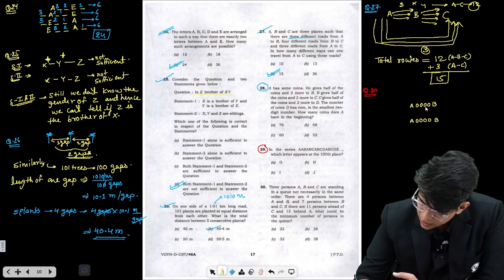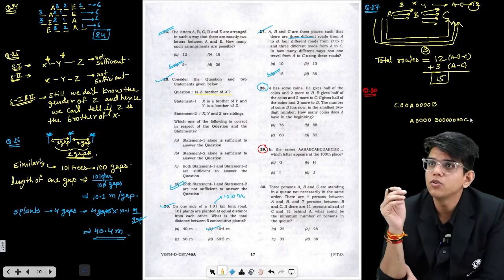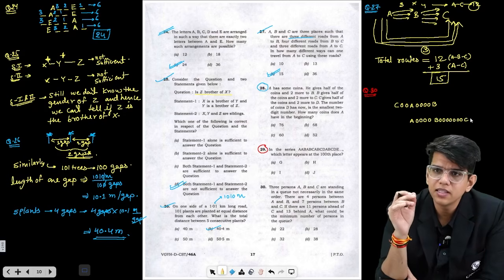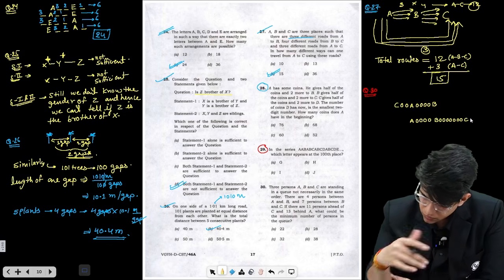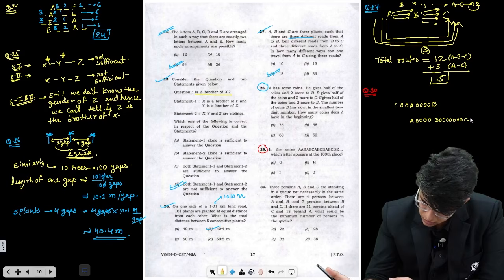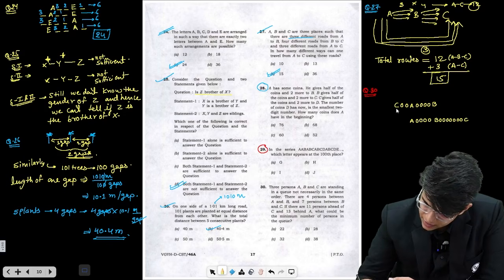It can be on this side 1, 2, 3, 4, 5, 6, 7 and C, or on that side 1, 2, 3, 4, 5, 6, 7, C. Both of them are possible. ठीक है, both of them are possible. अभी apart from this, seven persons are between B and C. If there are 11 persons ahead of C, in this case, ahead of C, you should take in this direction. 1, 2, 3, 4, 5, 6, 7, 8, 9, 10, 11.